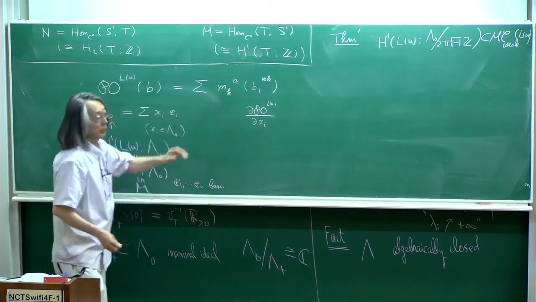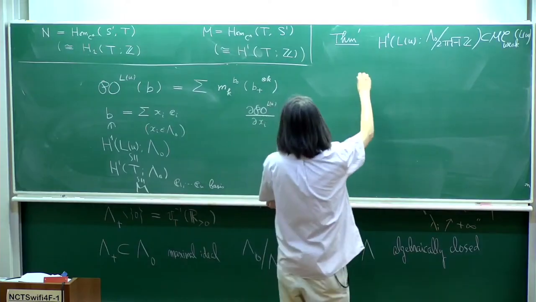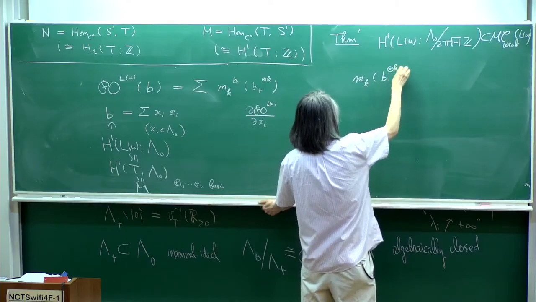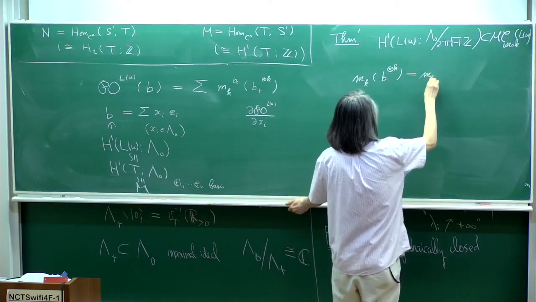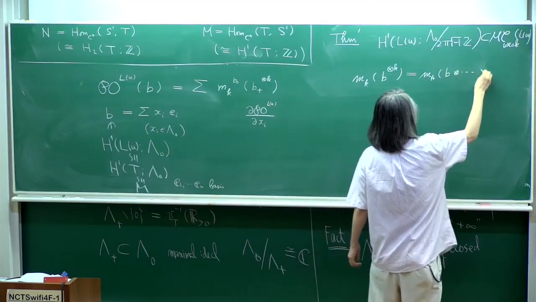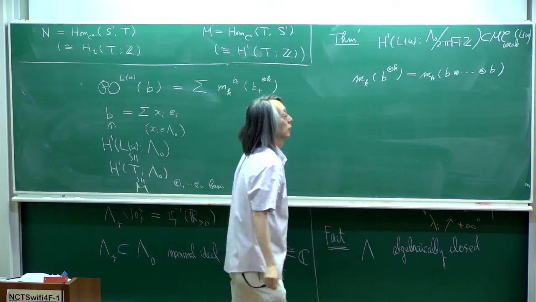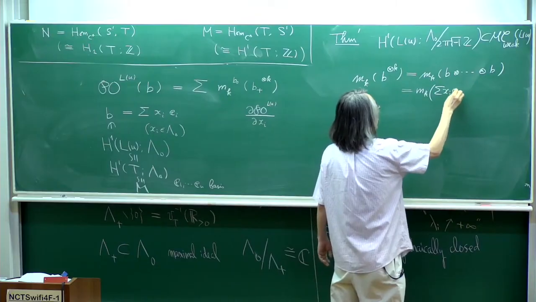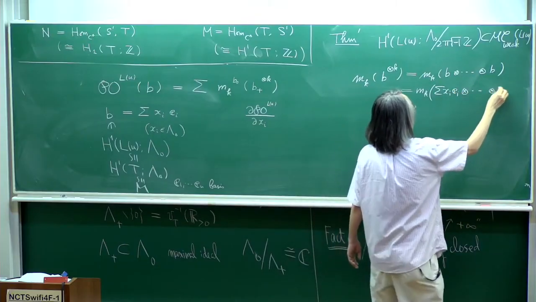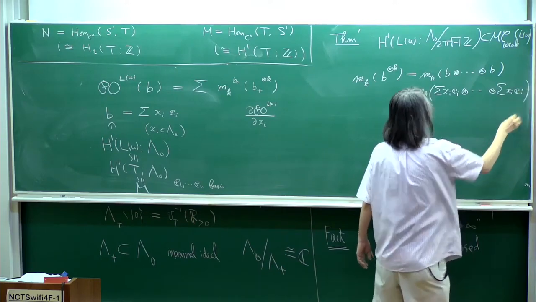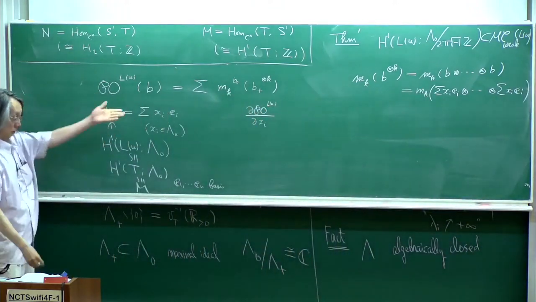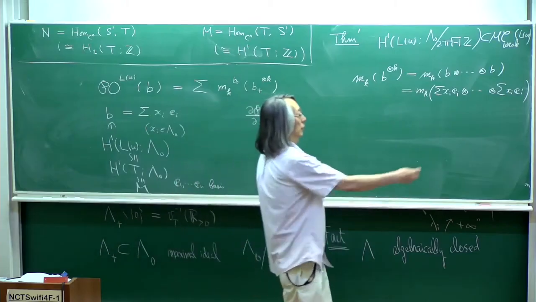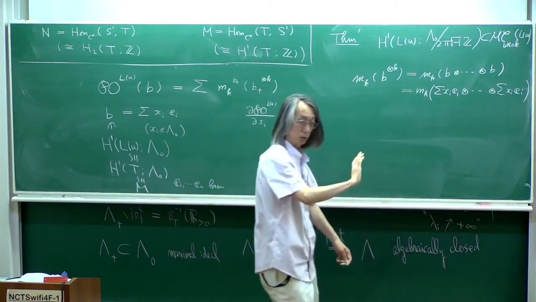Okay, so in general we have to do this, but let's consider the following things: m_k of B tensor K. So this one is equal to m_k of B, okay? And this one is m_k of sum xi_i e_i tensor sum xi_i e_i, right? So I just want to differentiate with respect to xi. And then xi appears here, here, here, here, so in several places.